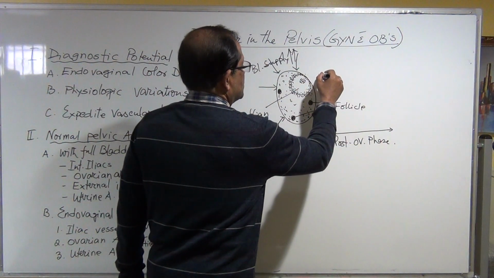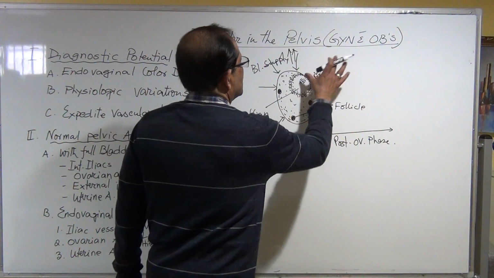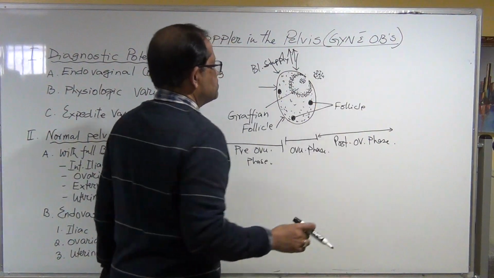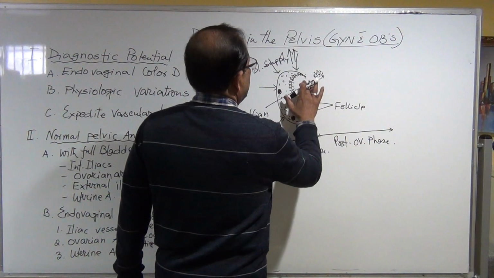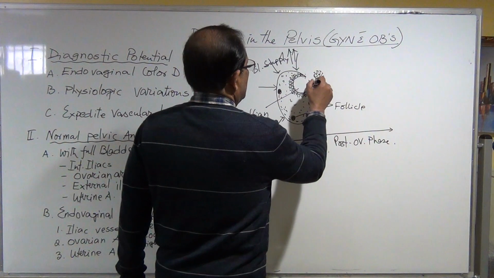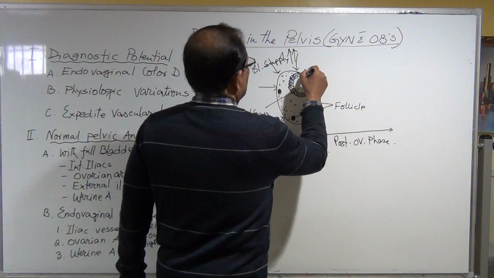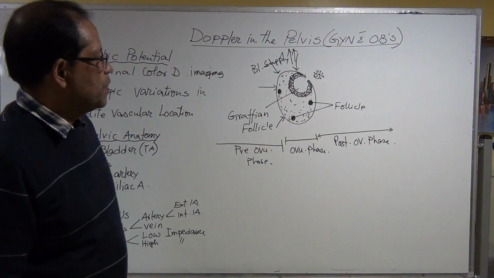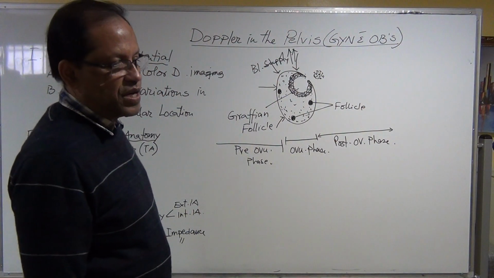If the ovulation took place, this is the egg, and now there will be no egg inside, and all the cells around it will be very vascular because they have to produce the progesterone.